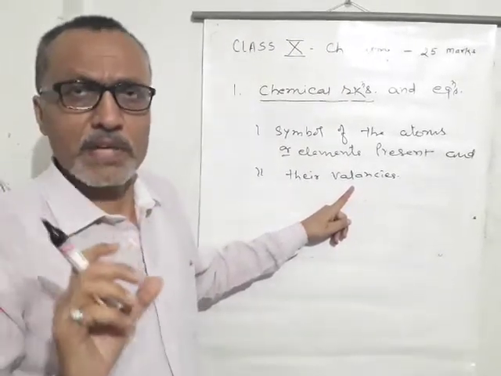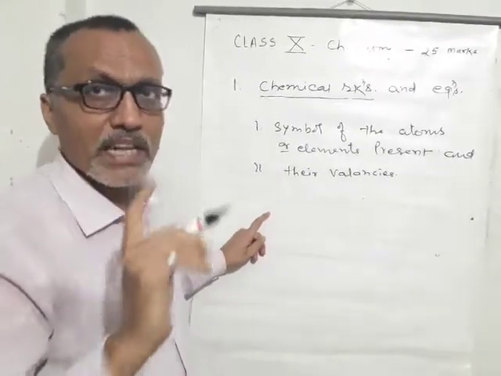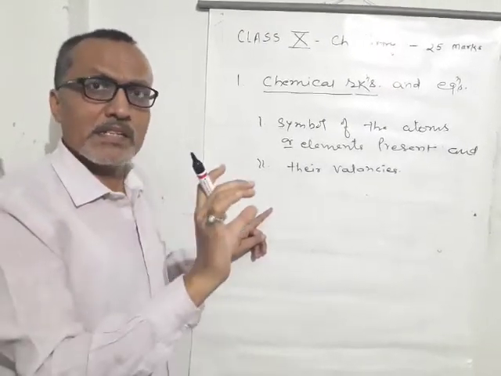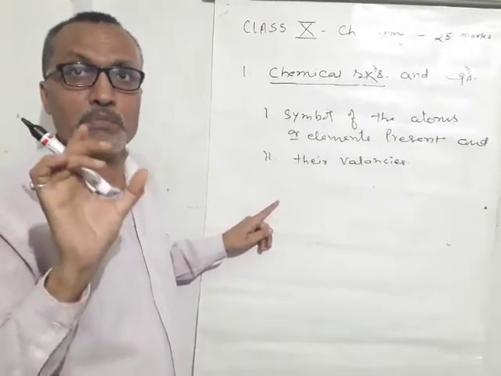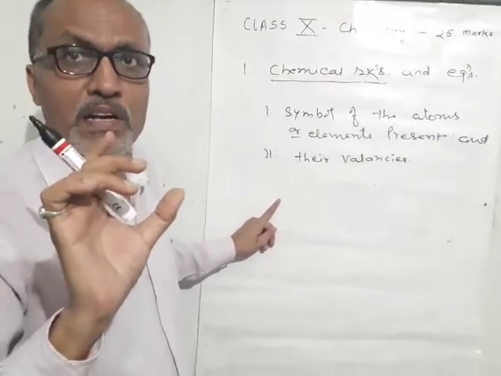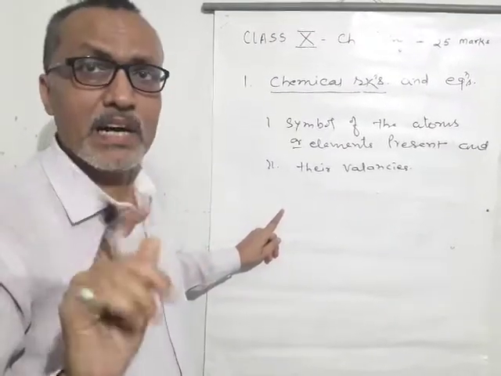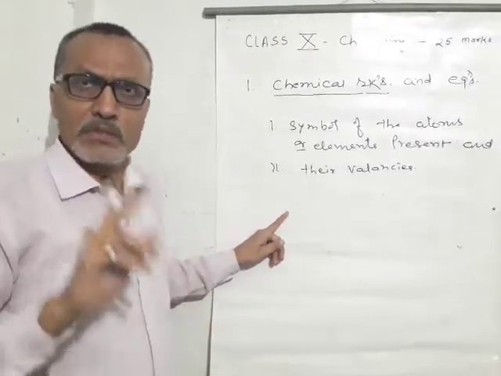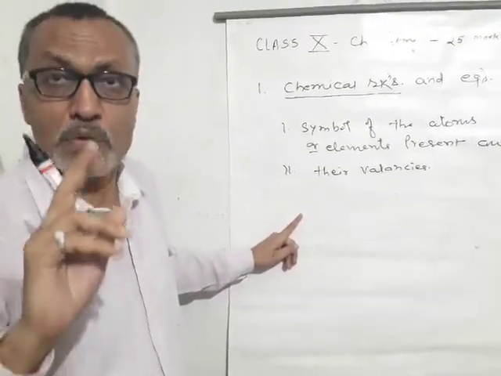Specific in what respect? Students, you already have learned that in a chemical compound, certain atoms are present in a group, and that group acts as a single entity and has a net positive or negative charge. Now you can think, what are those entities known as?